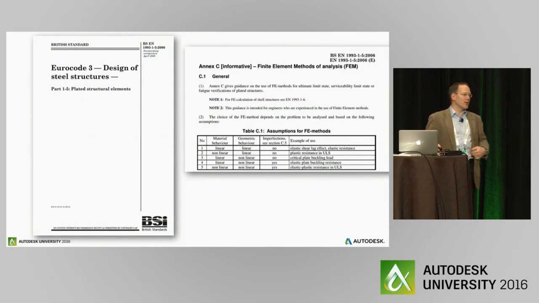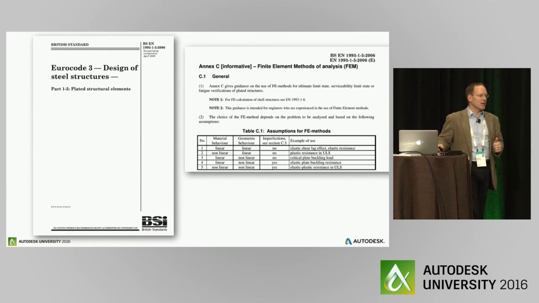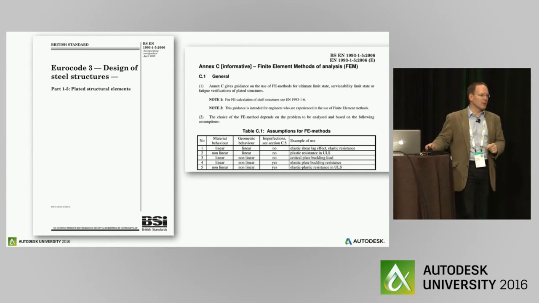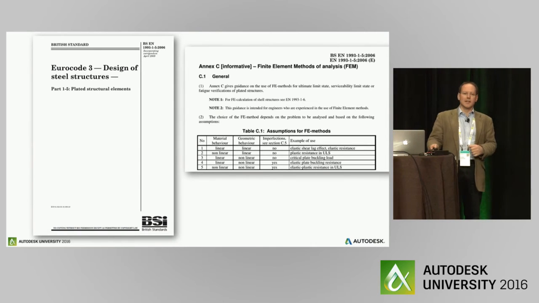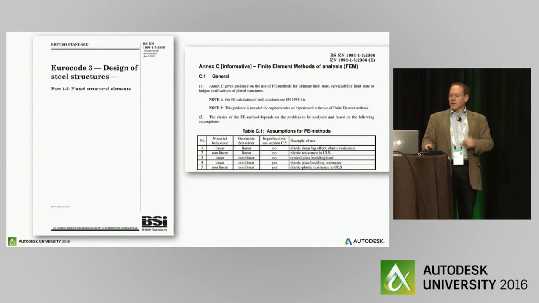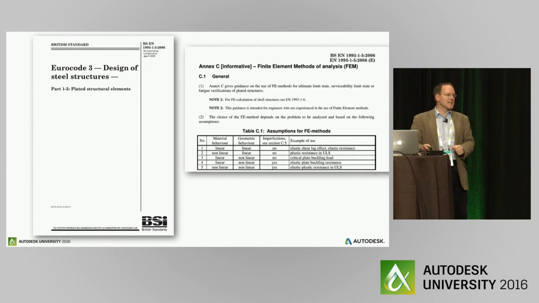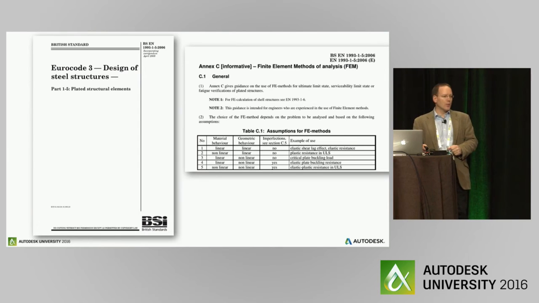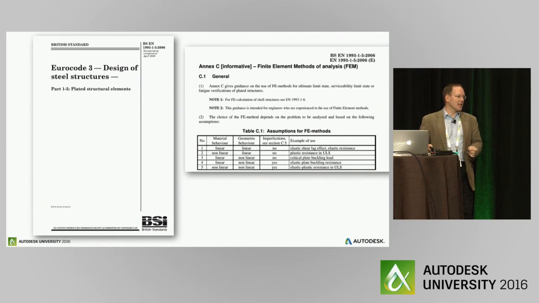To us, from the UK, it's a tool that uses Eurocode, but it also uses the American AISC, so that you've got the ability to use it to either code. But in particular, in the Eurocodes, there are parts 5 and 6 of Eurocode 1993. So that's Annex C in that, which deals with plated elements.